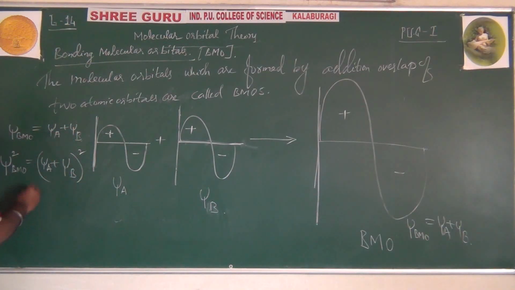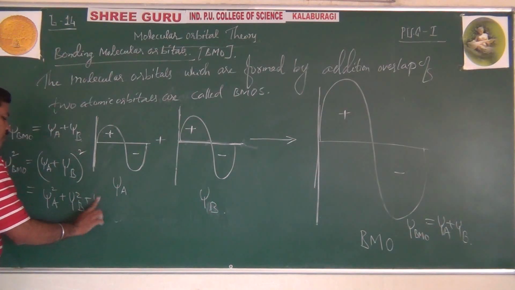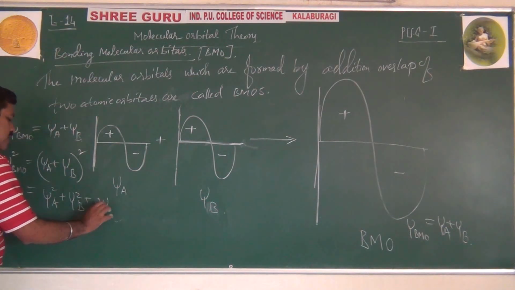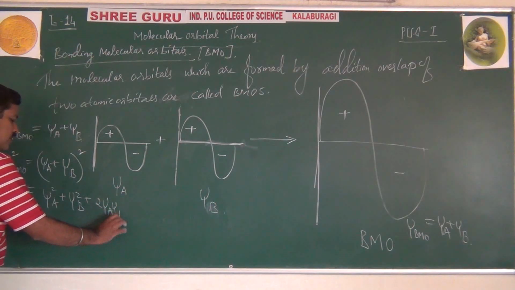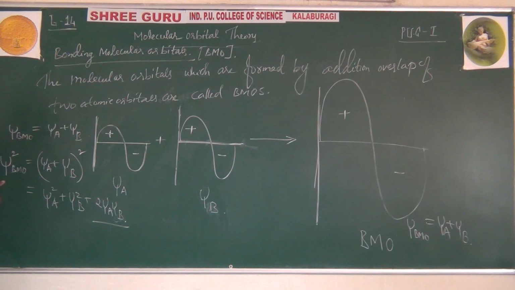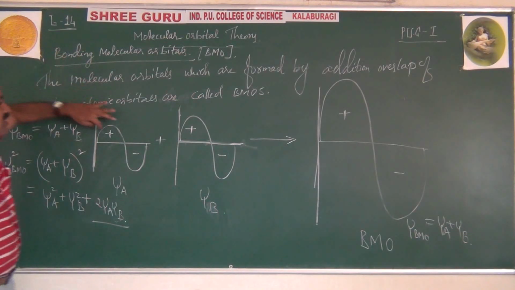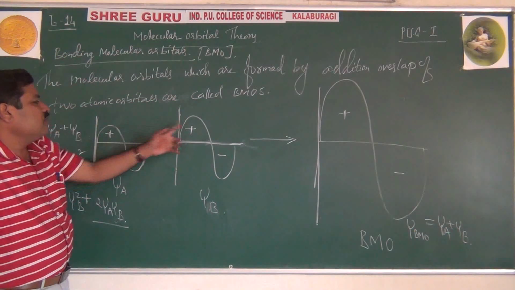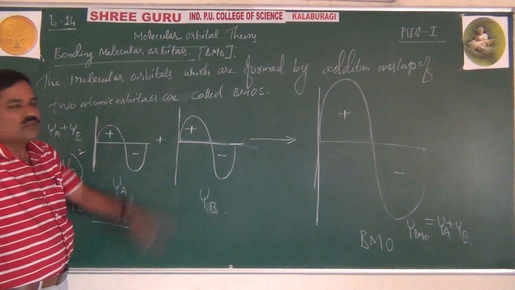Got it? And this is the A square plus B square plus 2AB formula: psi square A plus psi square B plus 2 psi A into psi B. That means the electron probability density increases by a factor of 2 psi A psi B. That's why electron density increases, and there is a force of attraction between the nuclei.